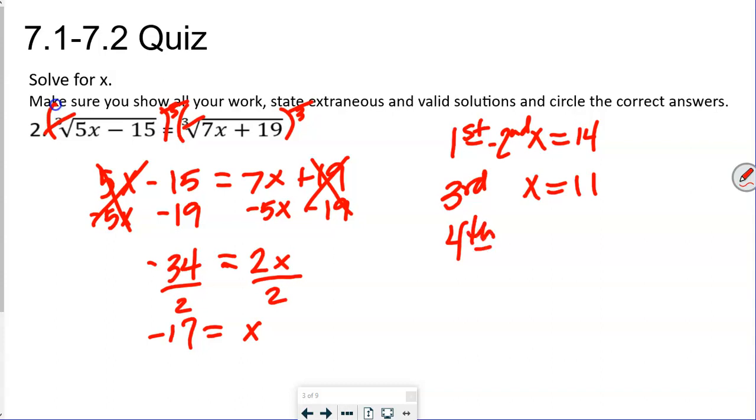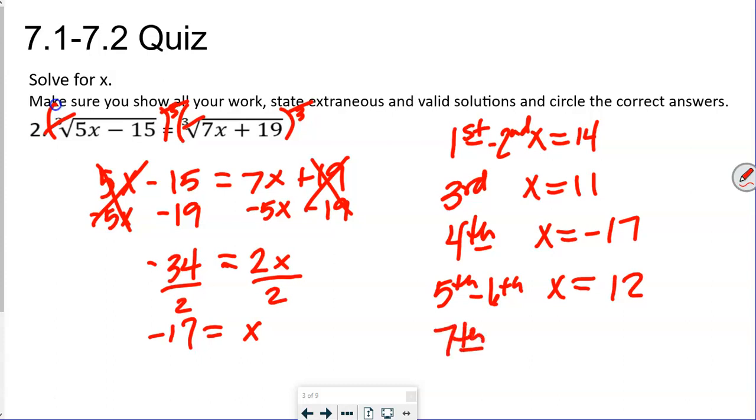Fourth, yours was this one, x equals negative 17. Fifth and sixth, x was equal to 12. And then seventh, yours was x is equal to 7.